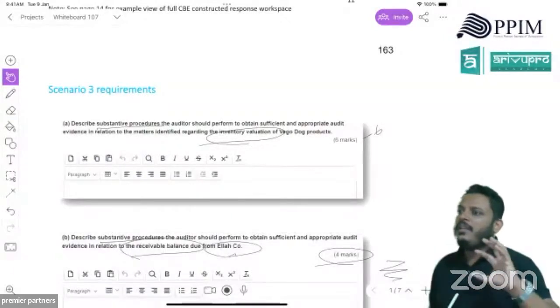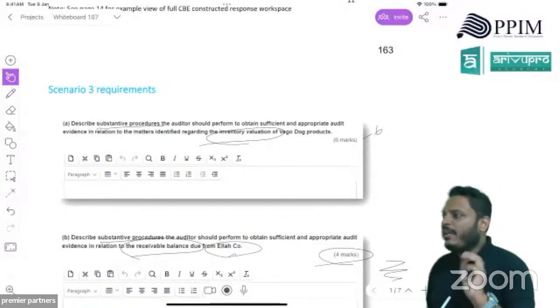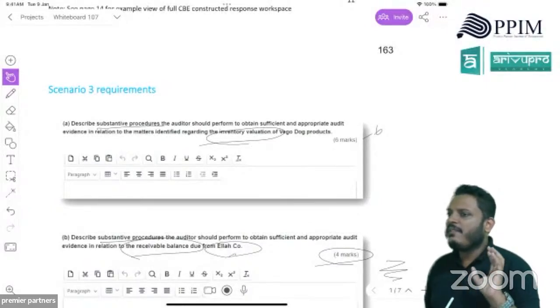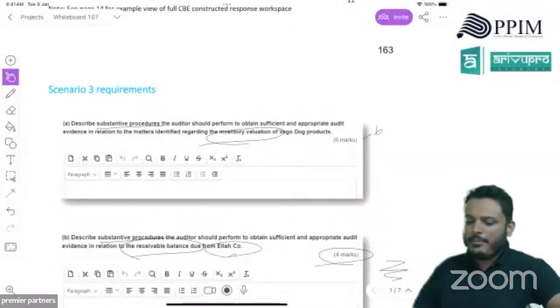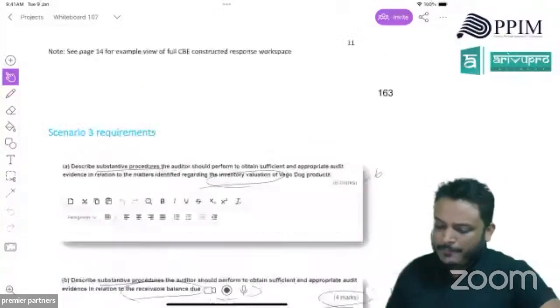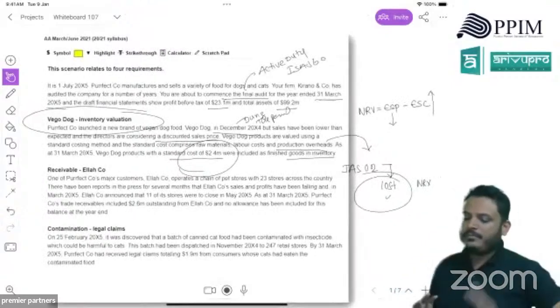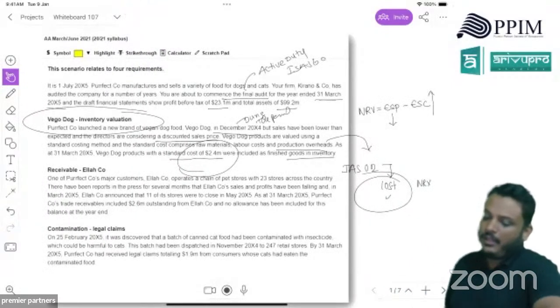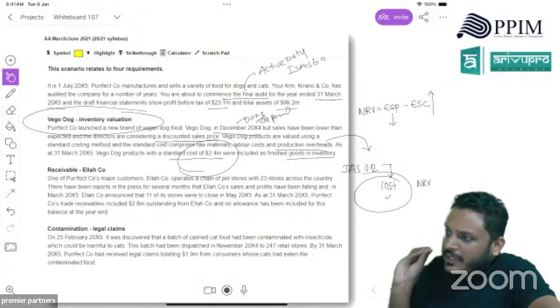They ask about inventory valuation. Venkat's doubt is, sir, they ask inventory valuation, so should we write only valuation and not other things? What they mean here is not the valuation assertion.